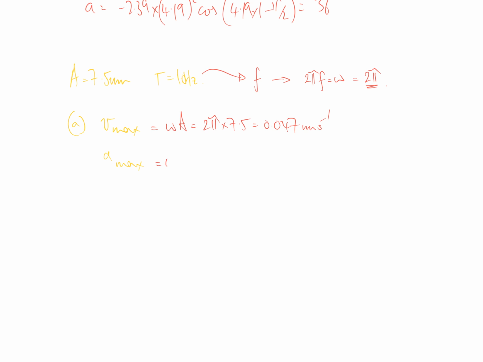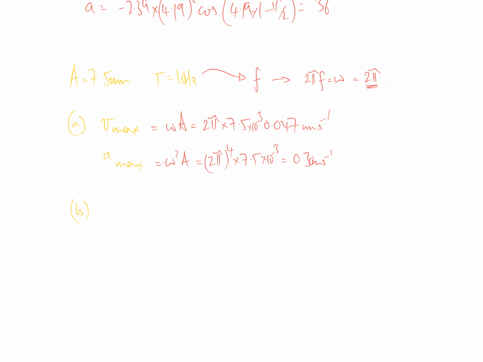Now omega squared A gives us (2 pi) squared times 7.5, which gives us 0.3 meters per second squared. Something I've just suddenly realised: I should really have this as times 10 to the minus 3. Right, there we go. Better.